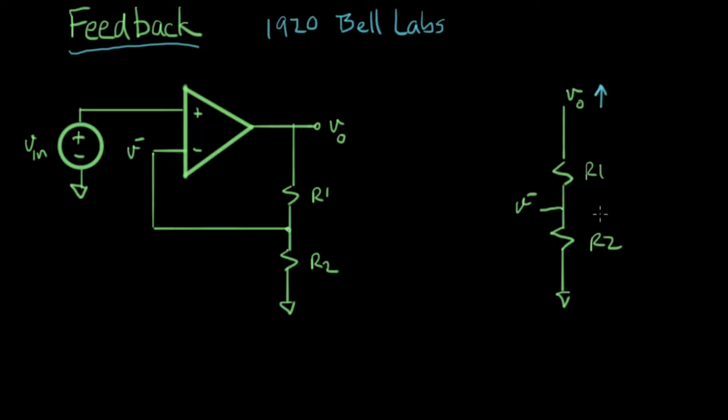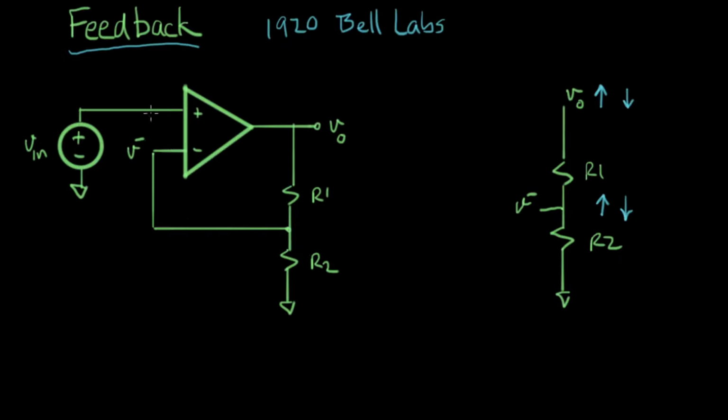V minus goes up in a voltage divider, so this is a non-inverting structure. If V out goes up, then the thing we care about, V minus, goes up as well. Likewise, if V out goes down, then V minus goes down. So we have no inversion happening around here.